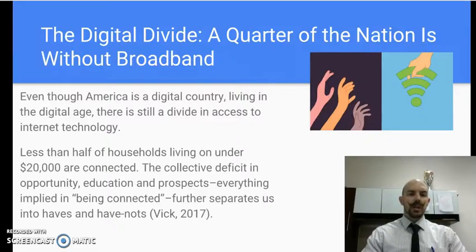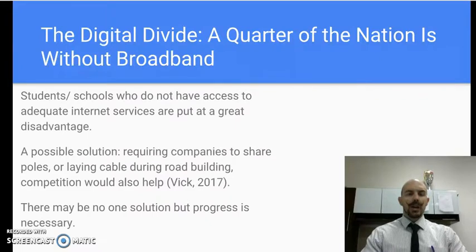In fact, less than half of the households living under 20,000 per year are actually connected to the internet, which does create this big divide, often between the haves and the have-nots. When that translates into schools, that means students and staff don't have enough internet access to incorporate new innovative strategies and also do basic functions. And this puts us at a disadvantage.